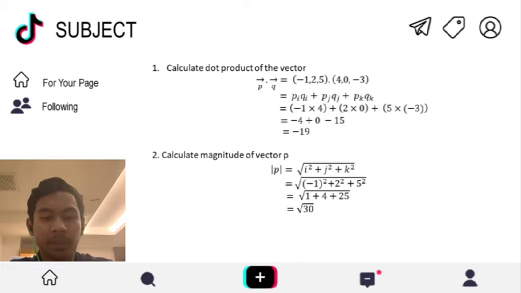After that equal -4 plus 0 minus 15. And last, the answer is -19.